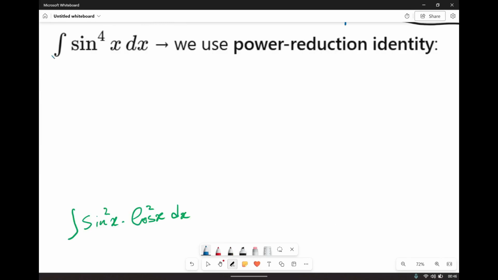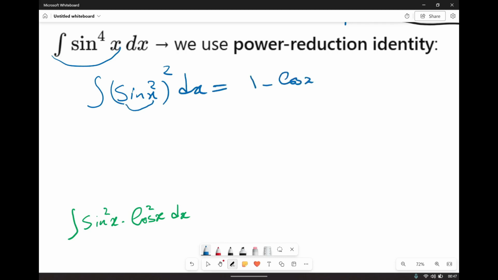Okay guys, let's use our previous knowledge on this question: the integration of sine x power 2 and the last power 2 dx. Am I right? Right now, instead of this, I write 1 minus cosine 2x over 2, power 2, dx.